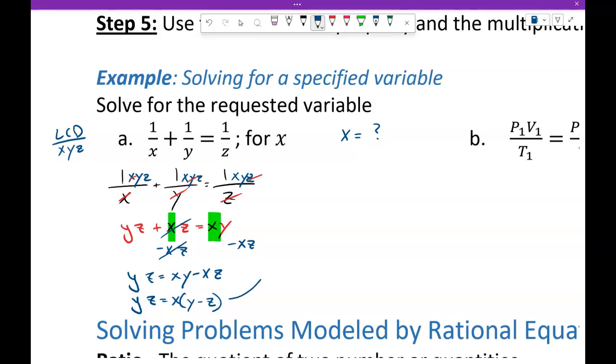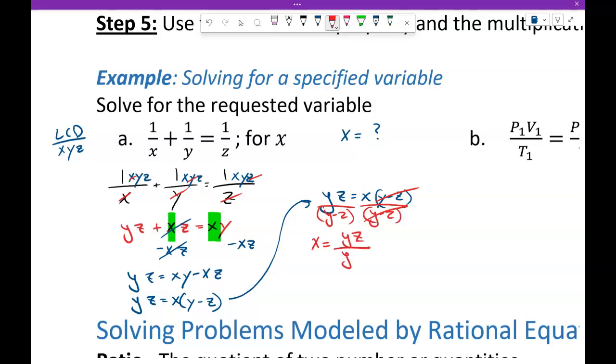And then our last step is we take our equation and we need to get x by itself. So we will divide both sides of our equation by y minus z, which is being multiplied. That way we're left with x equals yz over y minus z.